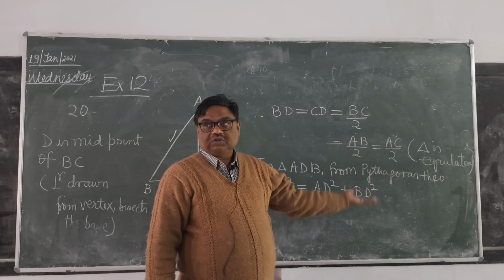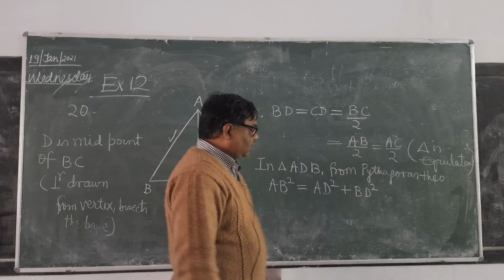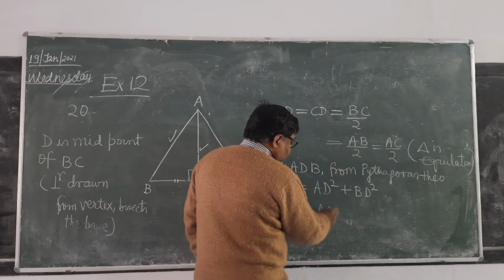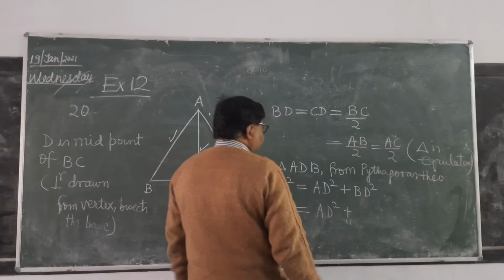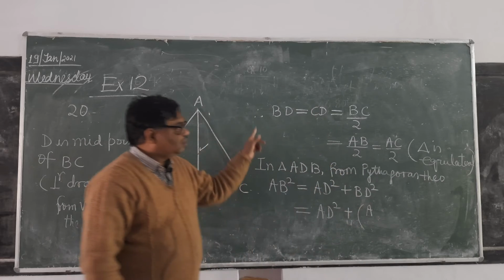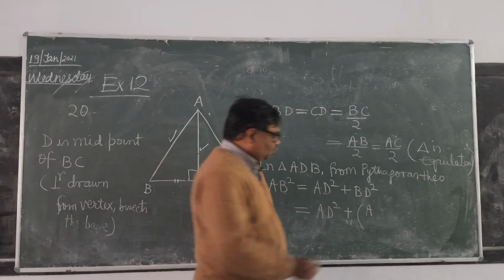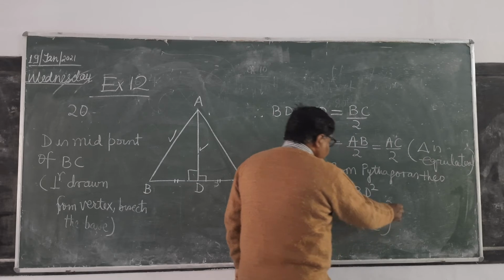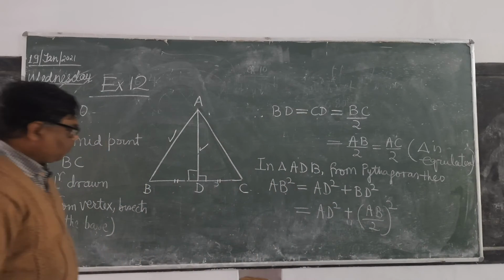Actually BD equals AC upon 2 also, but we will not write that. We will write only that thing which is required. So in place of BD, what will you write? AB upon 2 whole square. It's clear.